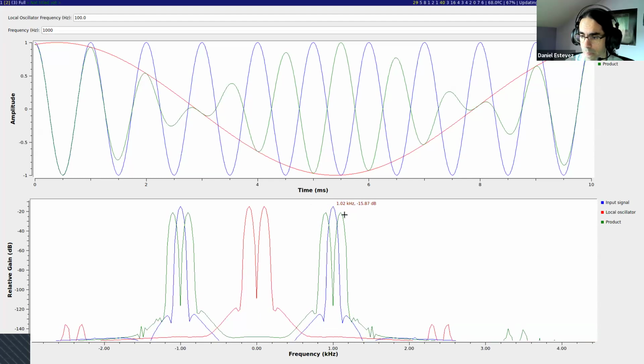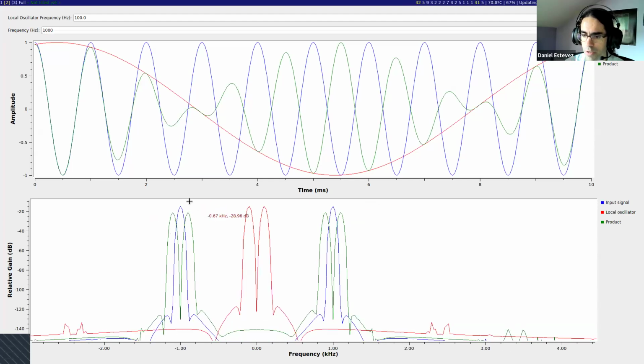So these two peaks are the same as 1 kilohertz plus 100 hertz, 1 kilohertz minus 100 hertz. And then in the negative portion of the spectrum, I have the same, just because real signals are always going to be symmetric.